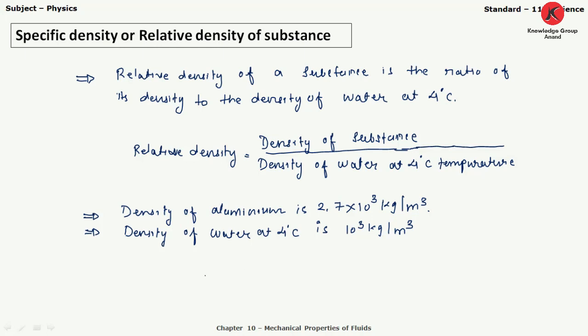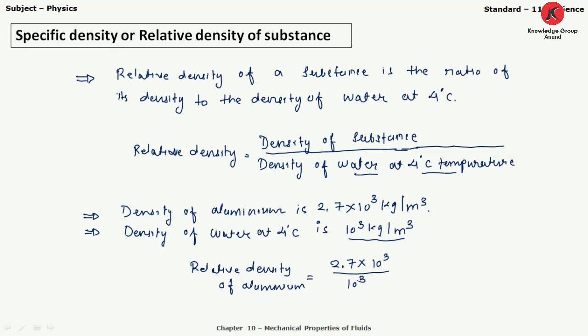So in this case we can write the relative density of aluminium. Here the density of the substance is 2.7 into 10 raised to 3, and in the denominator the density of water at 4 degree temperature, which is 10 raised to 3 kilogram per meter cube.